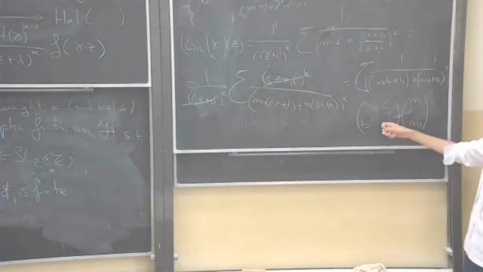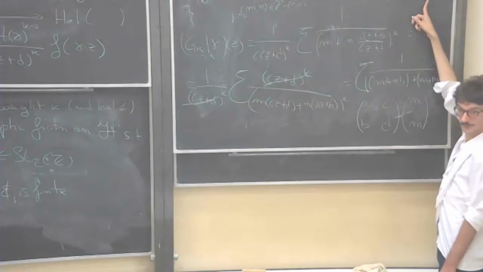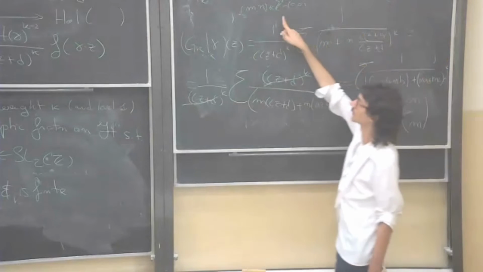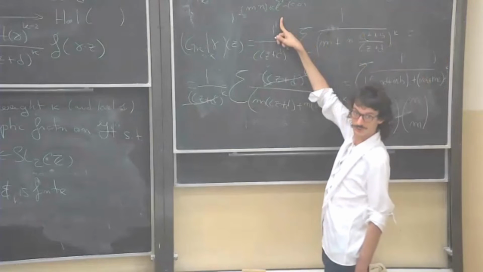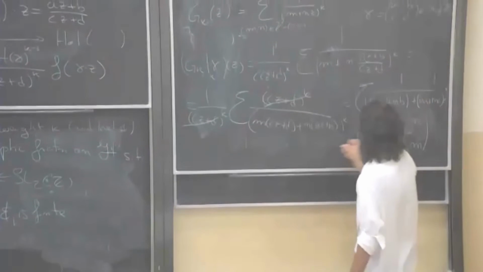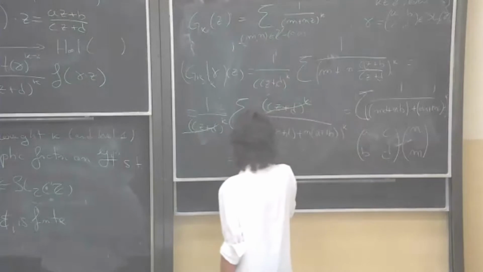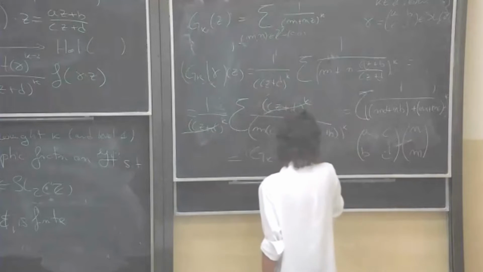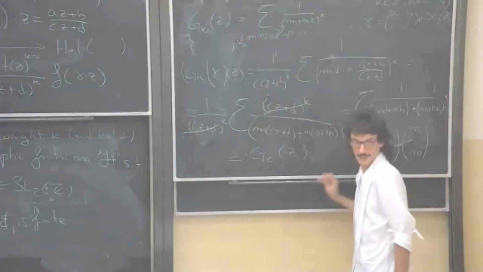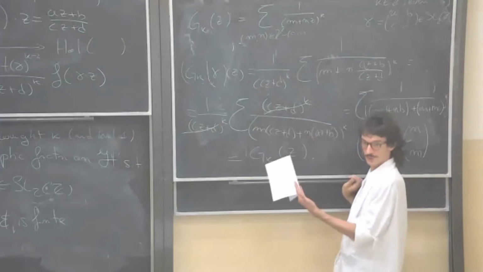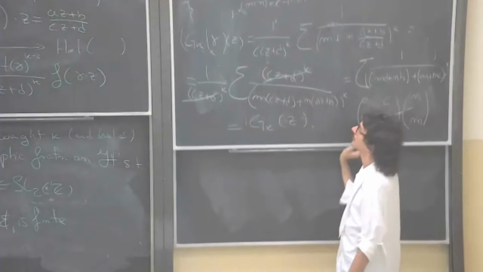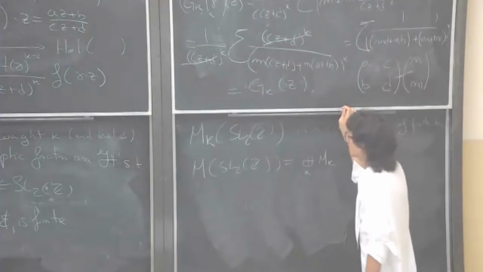But this is a matrix in SL2, so it preserves this lattice, and the image of 0 is 0. So this is just acting as a permutation of these indices. Therefore, this is equal to G_k of z. Okay, this makes sense. Those are functions that take weight k against the lattice.